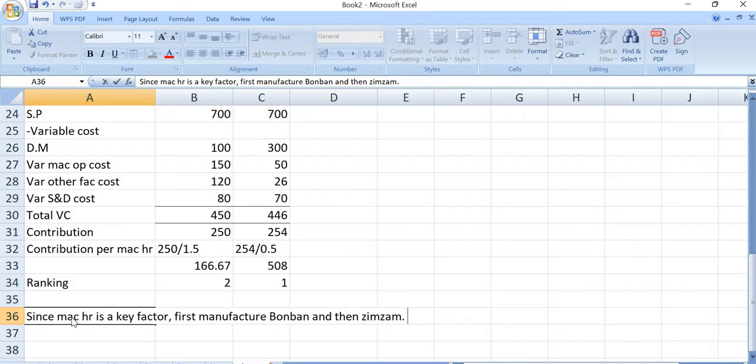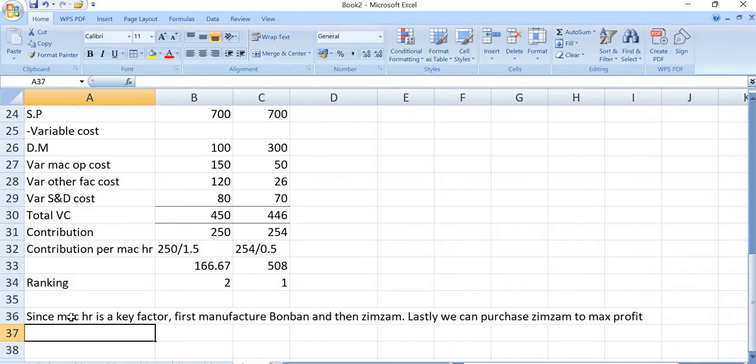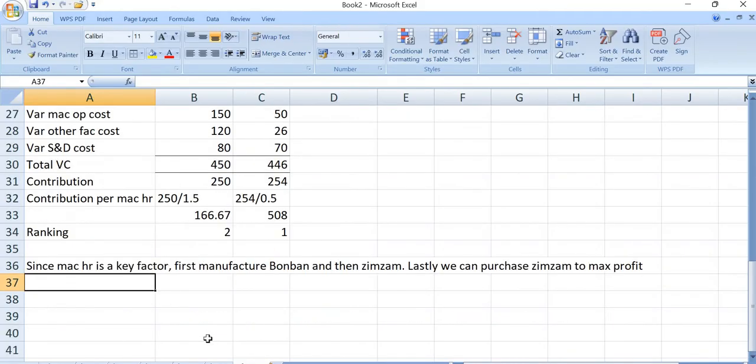If we still require more, lastly we can purchase Zimzam to maximize profit. If demand still exists, then we can do this. So this is our suggestion.